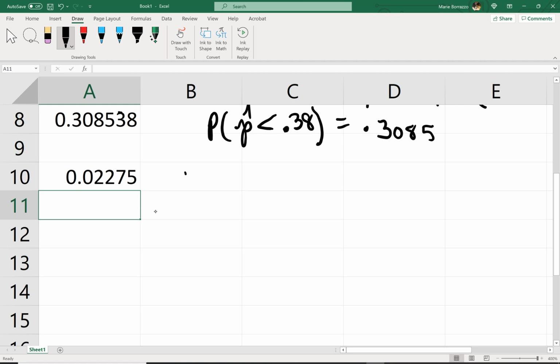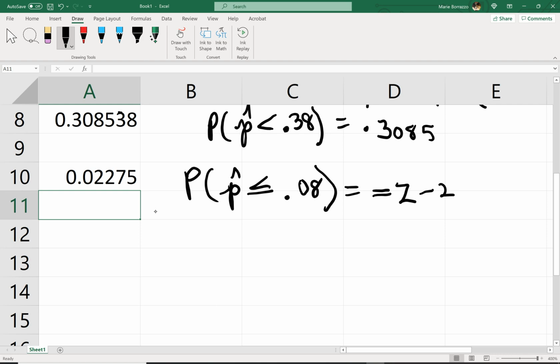Remember that this is written as p, where p-hat is less than or equal to 0.08 or 8%. So this actually equals the z-score of -2, which is equivalent to a p-value of about 0.0228. All right, I hope this refreshes your memory from the lecture.